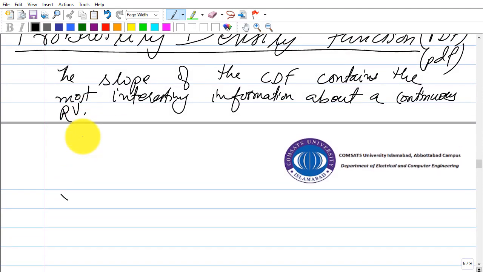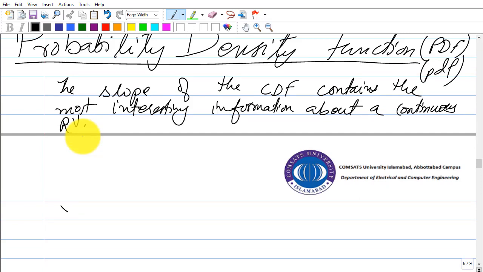So what it simply means is that, from our basic calculus, to find the slope of any function, we just have to differentiate that function accordingly, so that we will get the slope of that function.